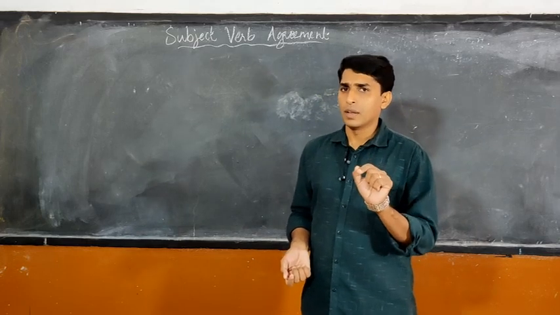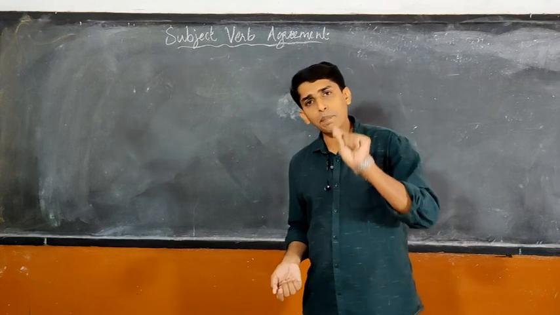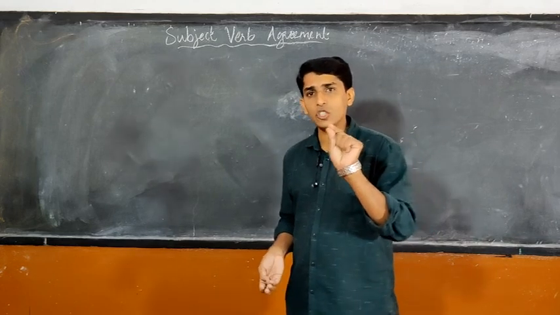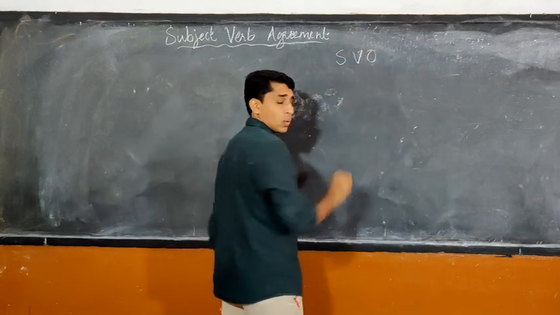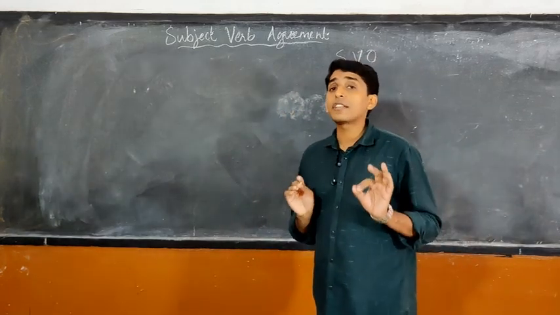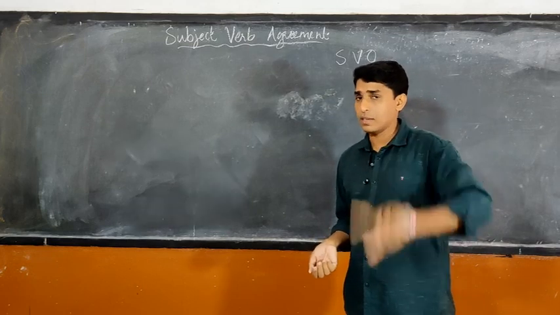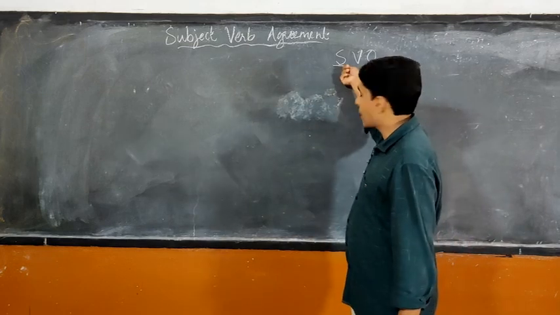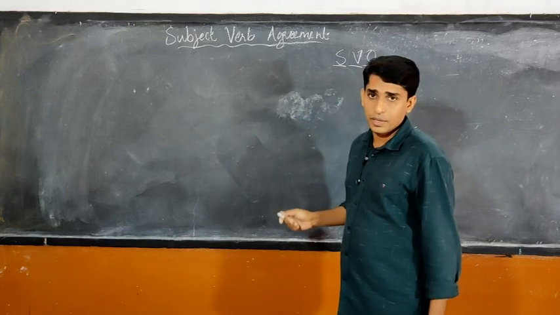Dear children, the usual pattern of a sentence, every time it won't be like this, is S, V, O. This is said to be the usual pattern of a sentence. Every time it won't be. There is a clause, okay, keep in mind. That means there will be a subject followed by the verb, then an object.